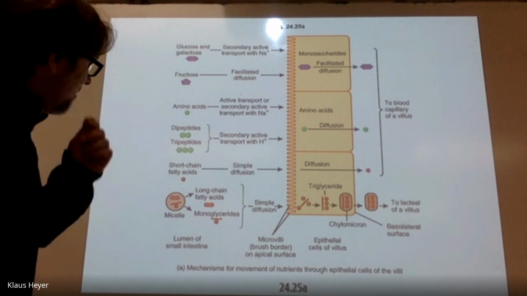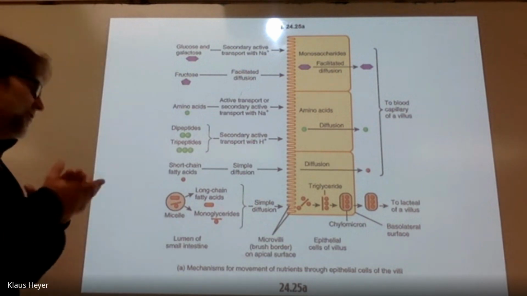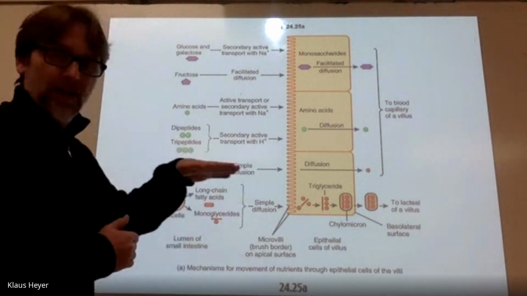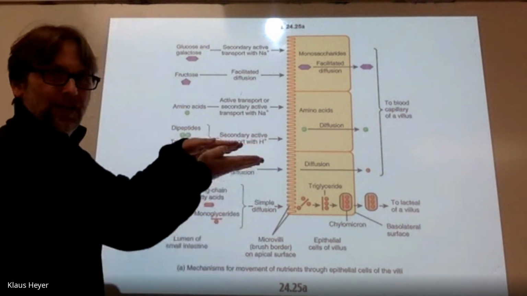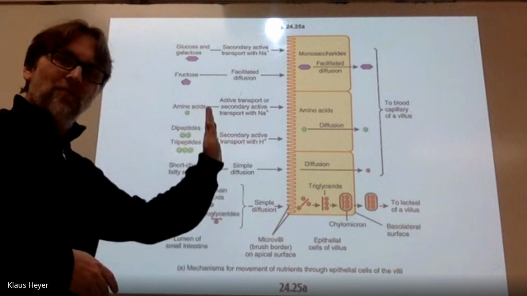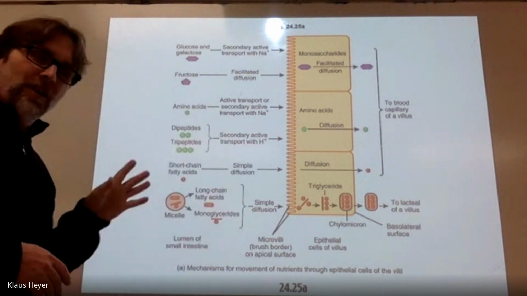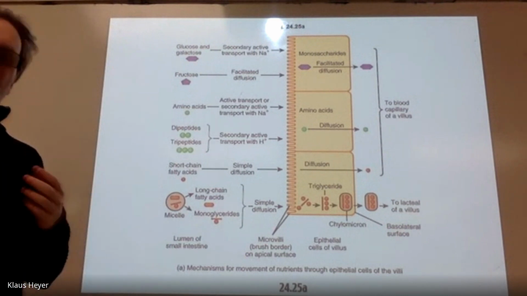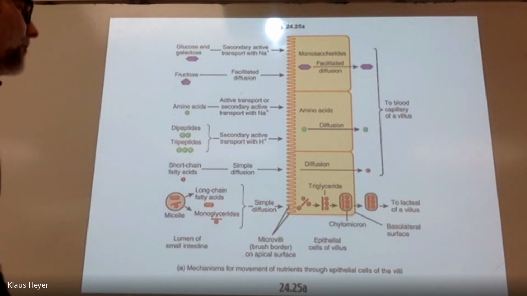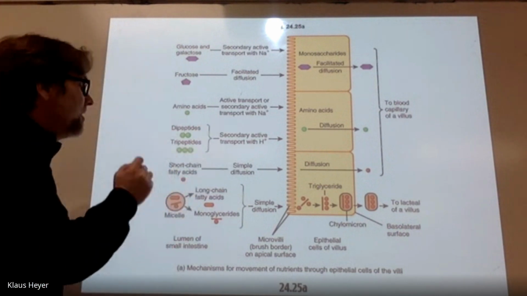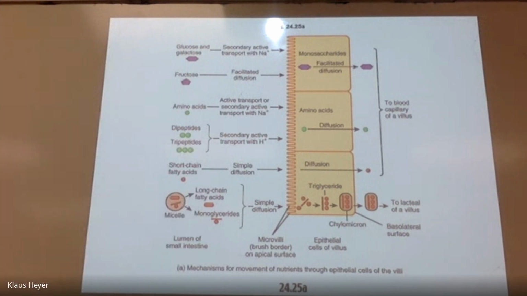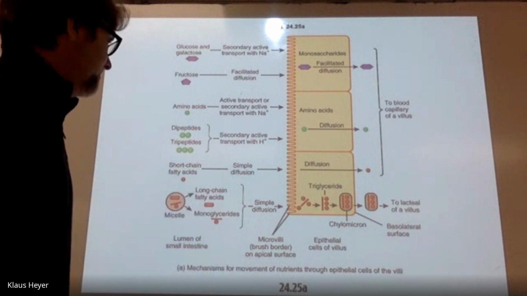A triglyceride looks like the letter E, with the three horizontal parts and then that one vertical part. That vertical part of the letter E is actually related to a carbohydrate. It's called glycerol. So the glycerol part of a triglyceride can turn into a carbohydrate, and that gets handled a little bit differently.